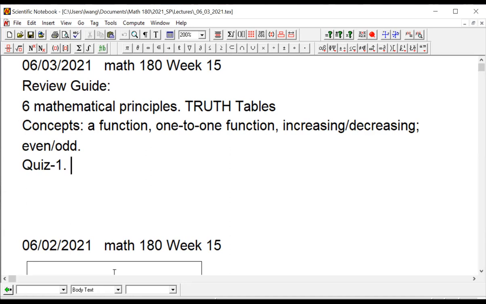Quiz number 1 should give you a good check on how well you prepared for your calculus class. You should be able to answer every question by now, and they should appear pretty easy for you.